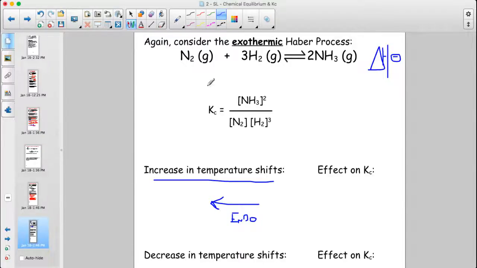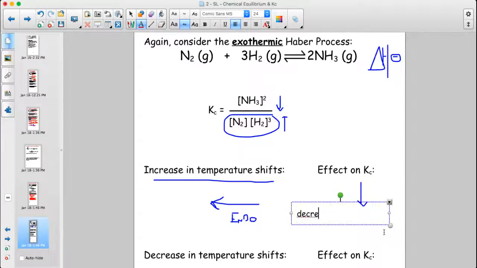And so if you think about Kc, if you cause a shift left, that means you're making more of the reactants and you're making less product. So more on the bottom and less on the top will mean that the Kc goes down. So if you see that a Kc decreases, that means that whatever happened to temperature must have made a shift to the left.